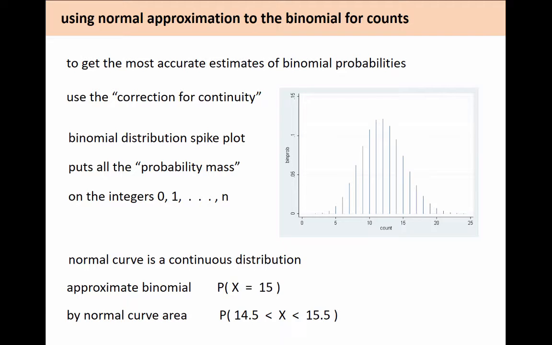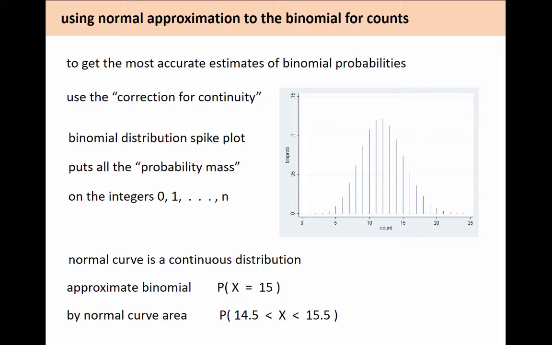And so if you do an approximate binomial calculation, the binomial will give you a positive number for x equal to 15. But the normal curve, remember, is kind of weird because, like all continuous distributions, you're forced to say that the probability that x is exactly equal to 15 is 0, because for continuous distributions, probabilities are areas under curves.